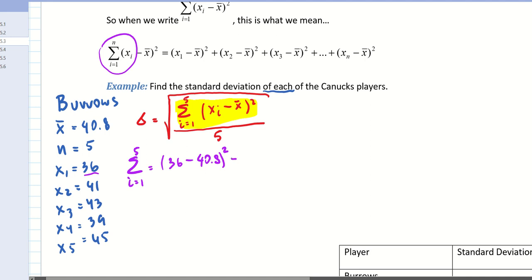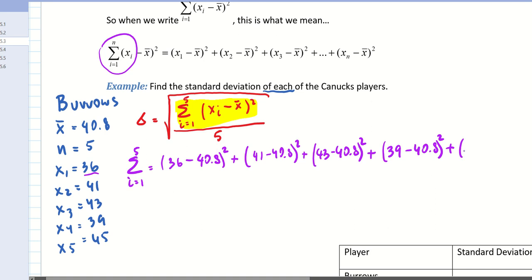The next one is going to be, again, this is a sum, so if you have plus, it's going to be x2, which is 41, minus 40.8 squared. Then we have plus the next one, which is x3, which in this case is 43, minus 40.8 squared, plus x4, which is 39, minus 40.8 squared, plus x5, which is 45, minus 40.8 squared.